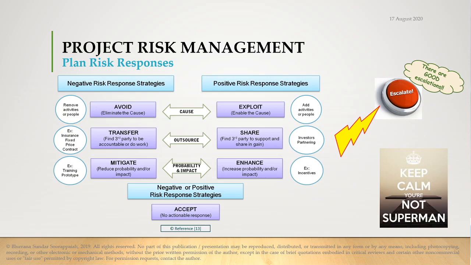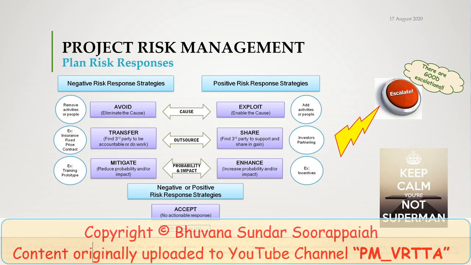Yes. Beautiful. So we have basically seven processes in risk management in the knowledge area. Like any other area, it covers planning, executing, monitoring, and controlling, other than initiating and closing. So you have plan risk management, in which you plan the entire process of how you are going to do risk management for your particular project. Then you identify the risks from various sources that you have categorized and listed in your risk management plan.